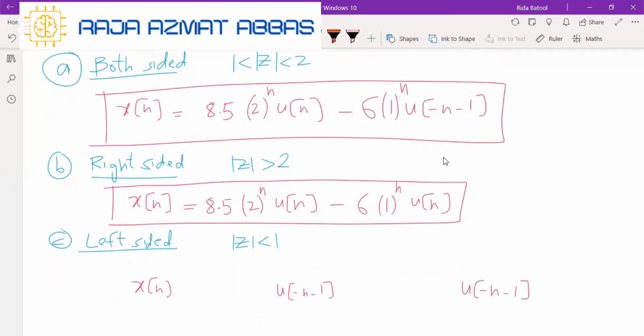So it would become minus 8.5 times 2 to the power n u of minus n minus 1, then plus 6 times 1 to the n u of minus n minus 1.